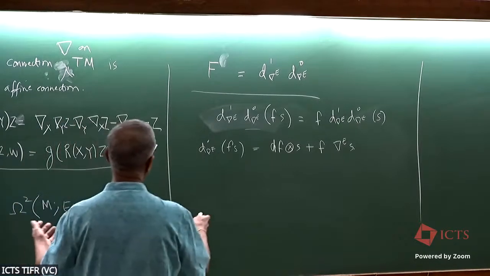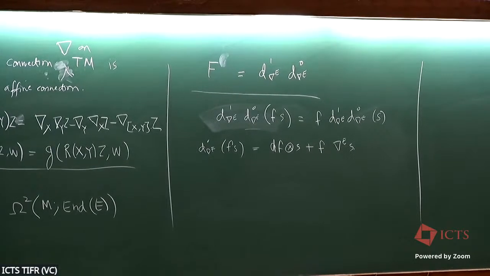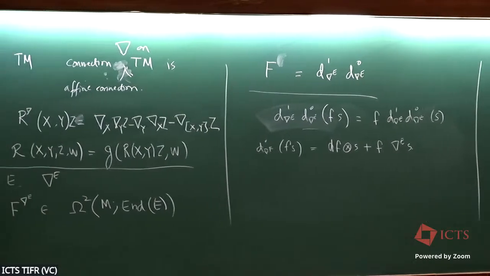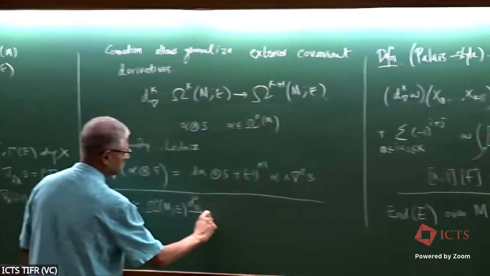So maybe I should first write somewhere, once we have a definition for d nabla, that we can identify sections with 0-forms, and we get this sequence.